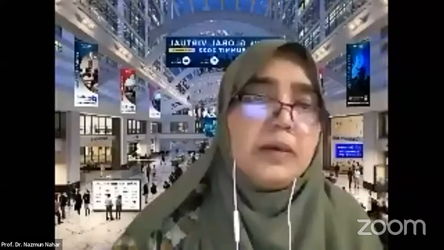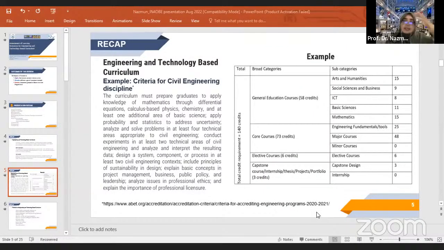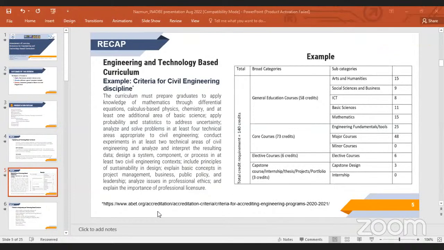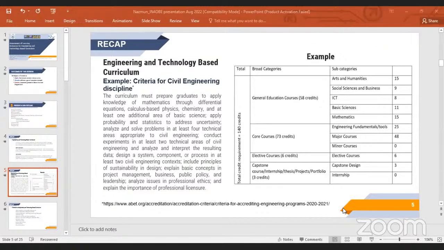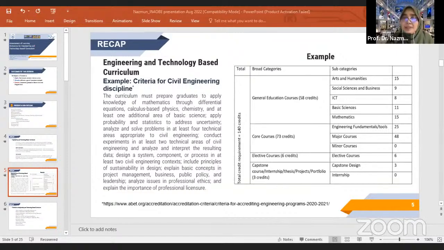Okay, sorry about that, I lost my internet connection, so let me share it again. Can you see it now? Yes, we can see. I hope I can finish it now without any interruption. Can you just make it full screen? Yeah, I'm trying to do that.